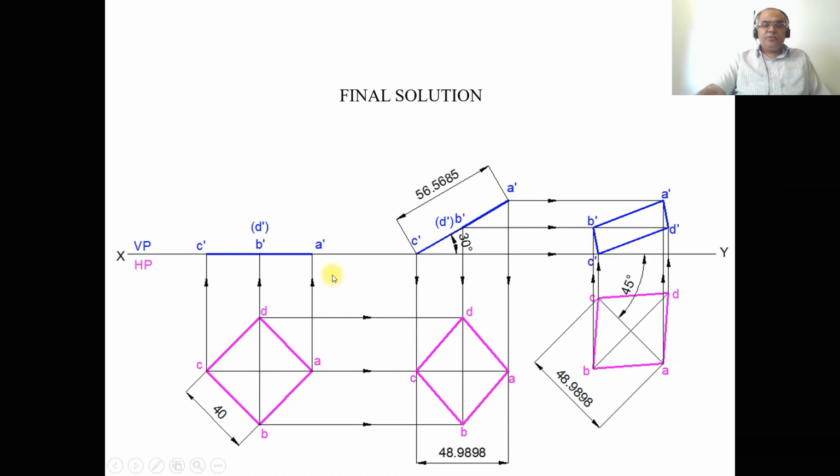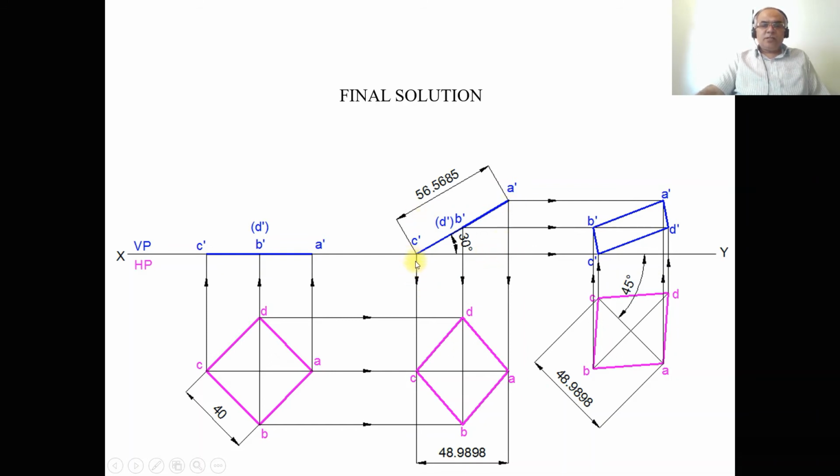Then with C dash, by using the compass, take the distance from C dash to A dash of the first position front view and transfer from C dash of the second position and cut an arc on that 30 degree line, and you mark this point as A dash. Then again by using the compass, you measure the distance from C dash to B dash. From C dash, you transfer it on the second position front view, and mark this point as B dash and D dash in bracket.